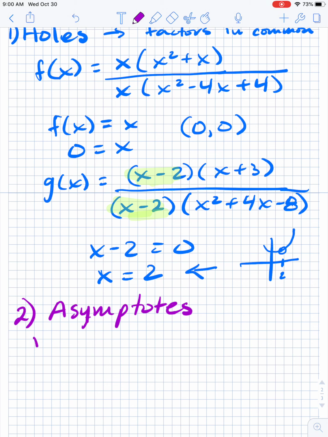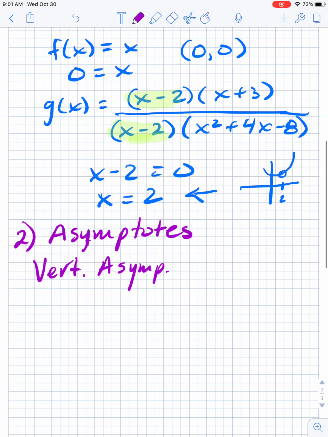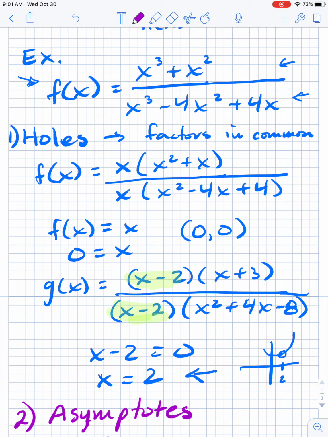So we have our vertical asymptotes, which I will abbreviate, and then we have our horizontal asymptotes. So the vertical asymptotes, let me talk about those first. For the vertical asymptotes, you're going to set your denominator equal to 0. So in our original example, our denominator here, we're going to set that equal to 0.